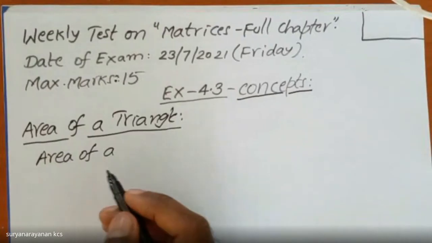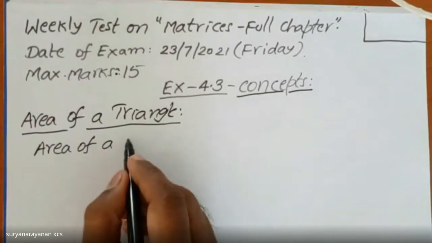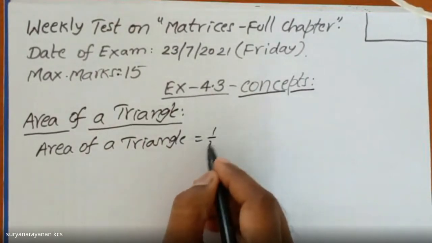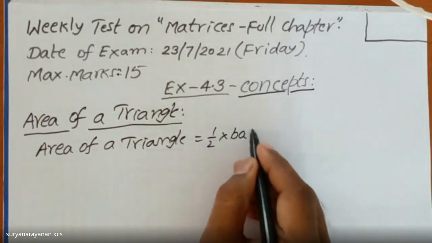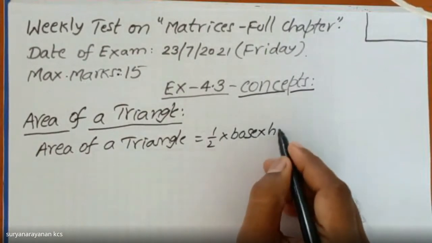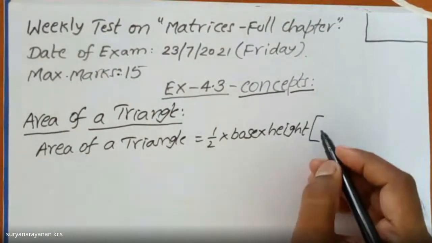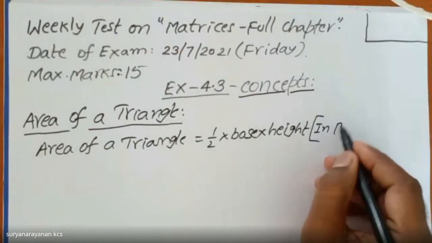Half into base into height, sir. Very good, Bresina, very good. Half into base into height. We use this formula in plane geometry.